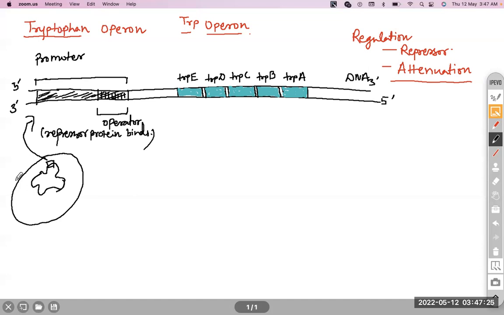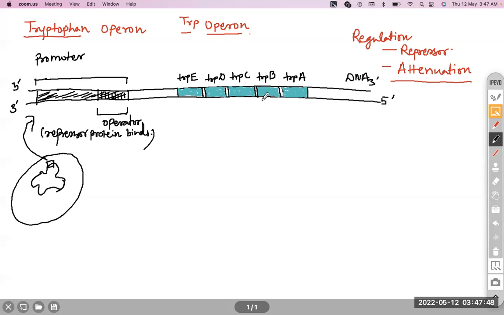Okay. First, you understand this. What is it? Tryptophan operon is found in E. coli bacteria, and it is a group of genes that encode biosynthetic enzymes for amino acid tryptophan. Okay.